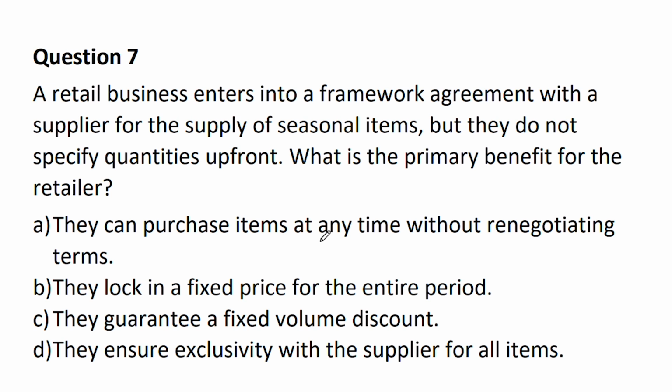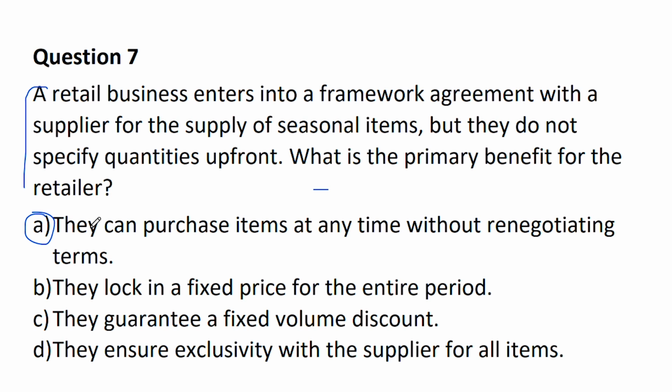This is an example of a framework agreement where the business says, we have a deal. All of you are going to be supplying us things within this particular season. But we are not saying you're going to supply us 2, 3, 4, 5. We will tell you how many we need, but just know that you're going to be doing that. So that means you don't have to renegotiate every time we want those things.